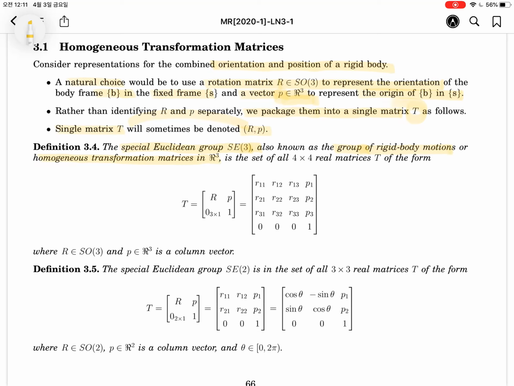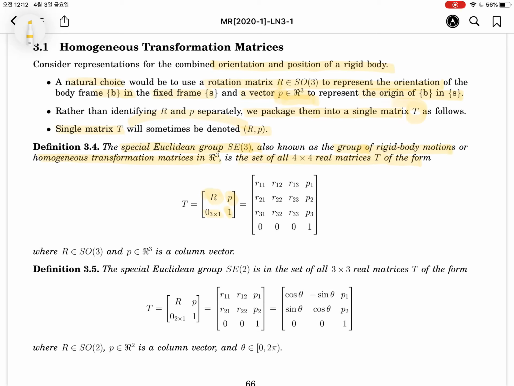So SE3 is the set of all 4x4 real matrices T of the form: the 3 by 3 rotation is here, and the 3 by 1 vector is here, and the 3 zeros, and then 1 will be appended to make the 4 by 4 matrix.